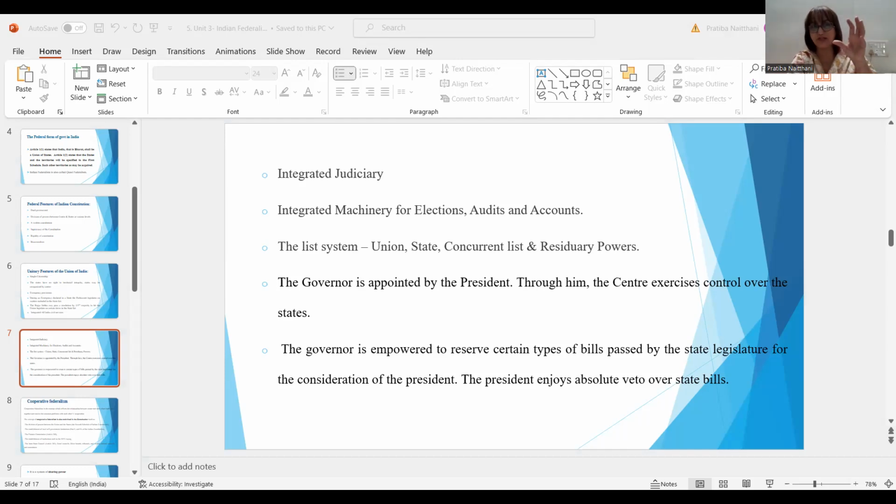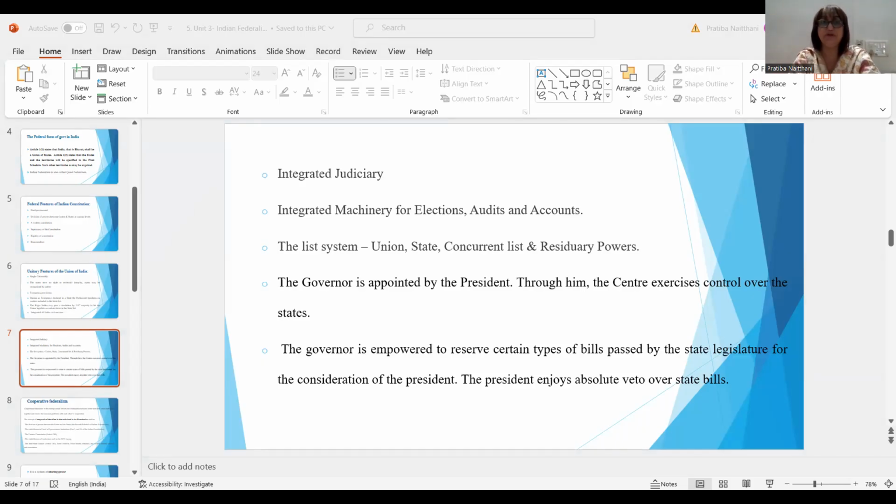Remember the system of collegium I explained to you while we talked about appointment of the judges. So the NDA government said that no, it will not be through the collegium system, because the collegium system has a lot of what they called biases, okay, a lot of favoritism.